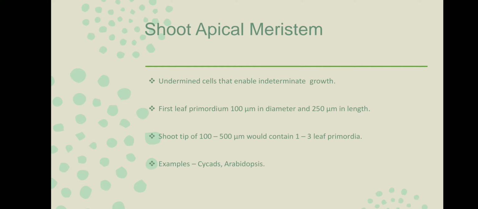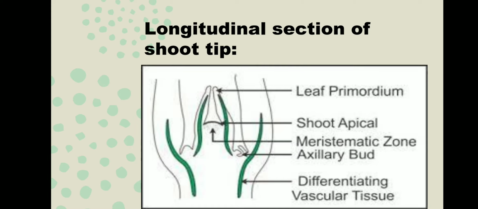Around the SAM apical meristem, there are leaves which form in close proximity with it. These apical meristems are also called apical initials. If we see the diagram, at the center we have the apical meristem, and then there are small leaf-like structures called leaf primordia.